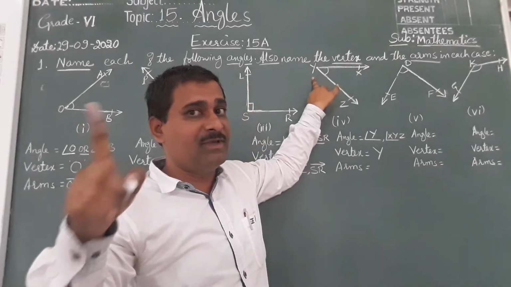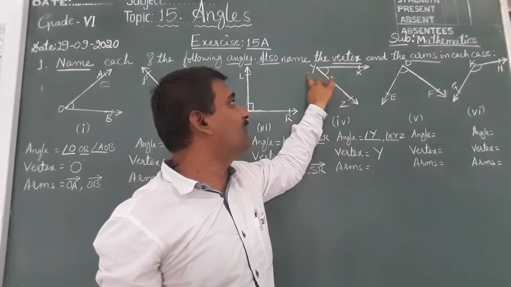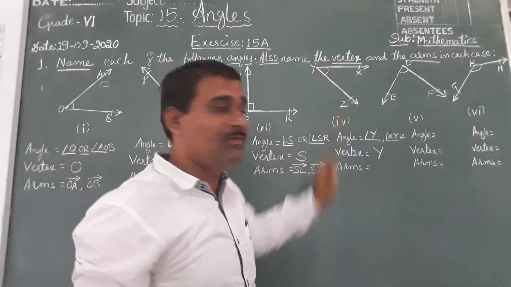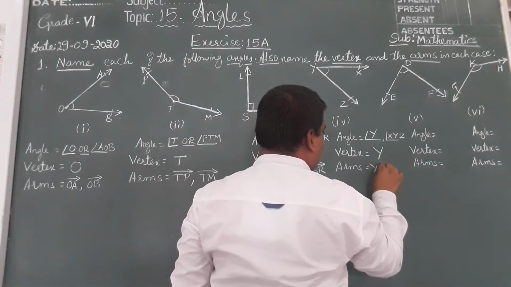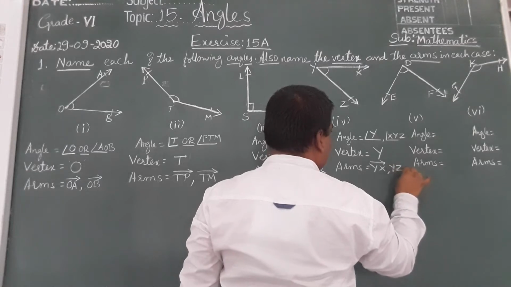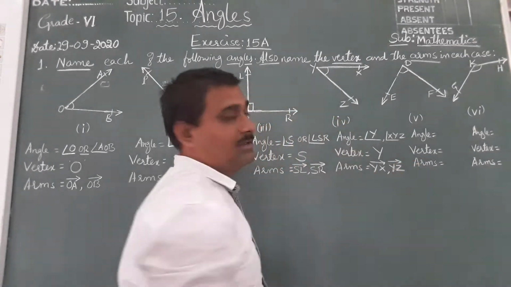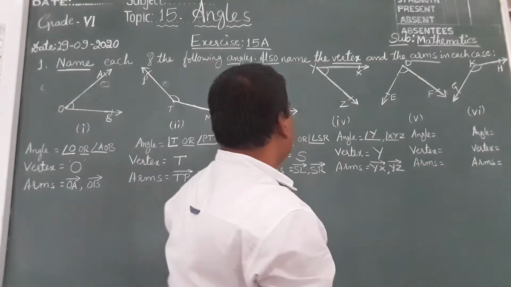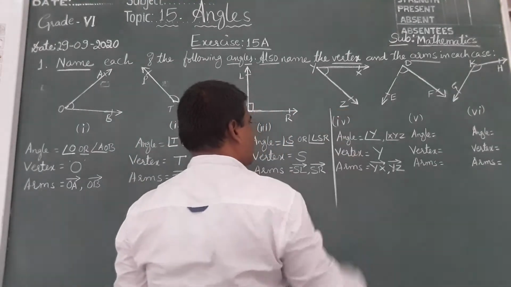If you write XY you will be wrong, because ray is moving from Y to X, Y to Z. So YX, comma YZ. Don't write ZY. YZ. Okay, next.